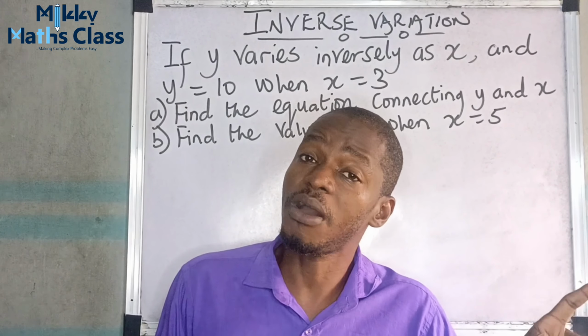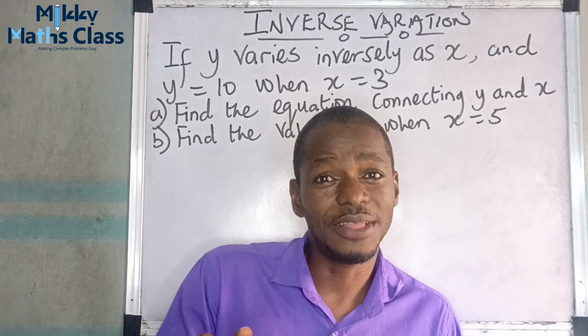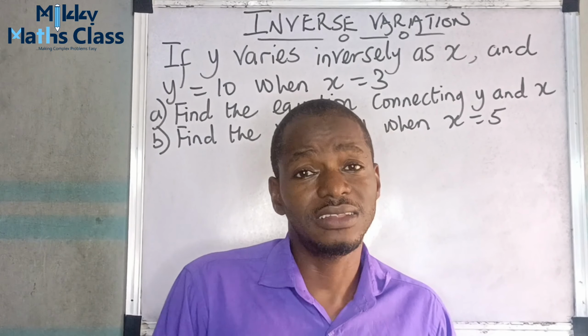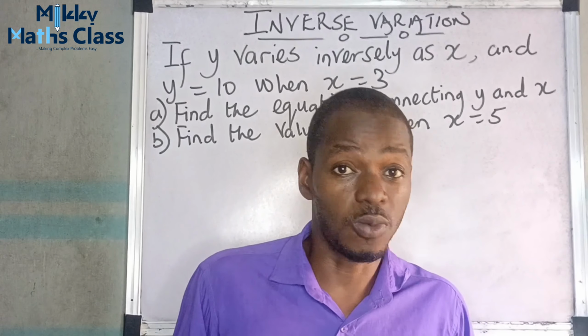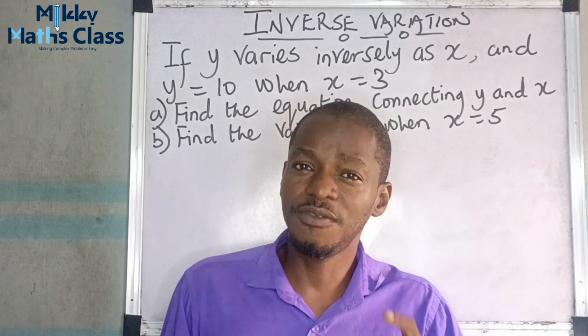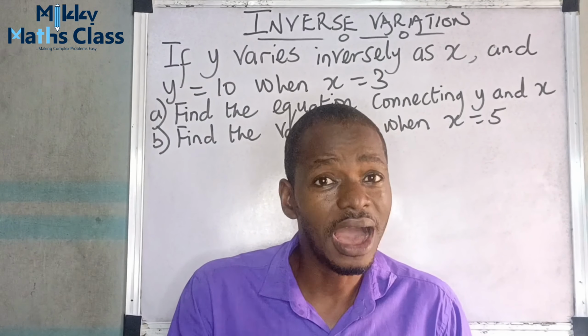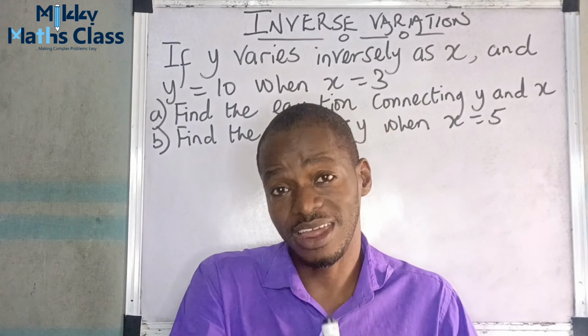If I increase the number of workers and they are working at the same time, the time they will use to clear the field will be less. On the other hand, you can also have another real life example. For example, I'm going somewhere and I'm driving. If I increase the speed of the car at which I'm driving, I will arrive at the place in less time than when I reduce my speed.